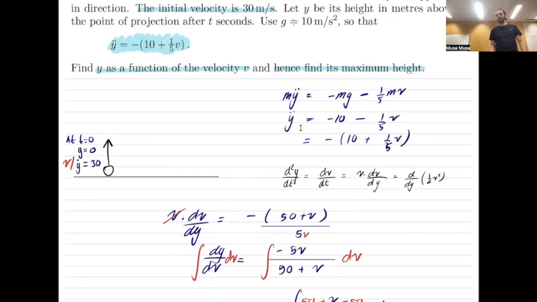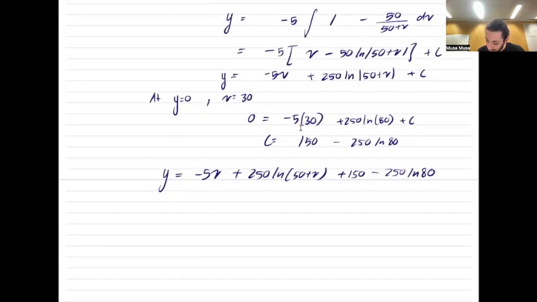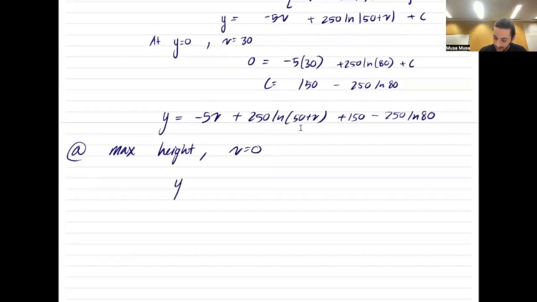You can see it at the very top kind of stop before it goes back down, even for an instant. Maybe that's a bit of a refresher on year 11 physics, and projectile motion in year 12. So at max height, V equals 0 because it's the highest point before it starts turning back down. So now we can just sub in 0.